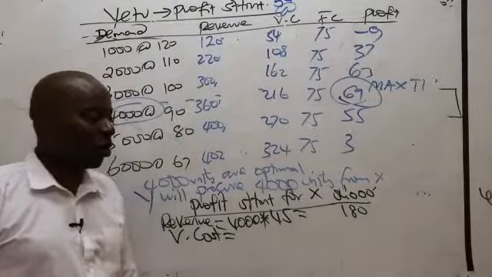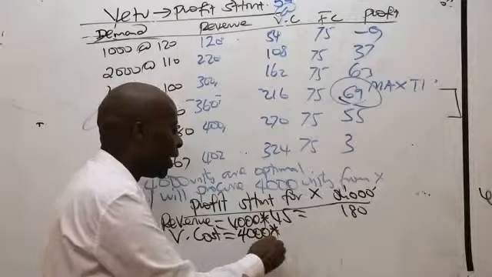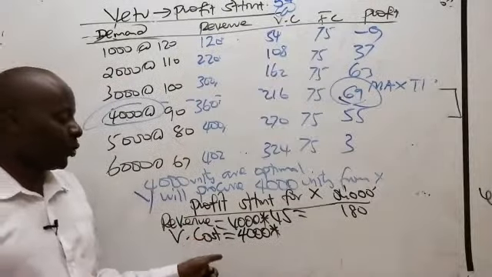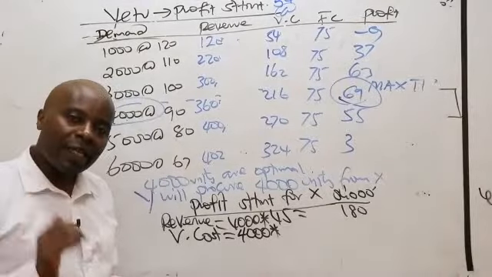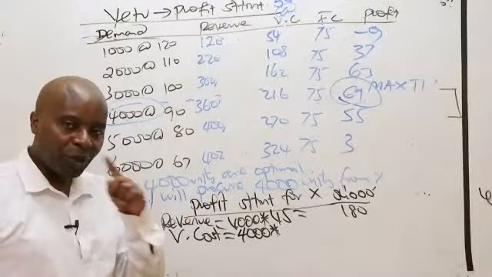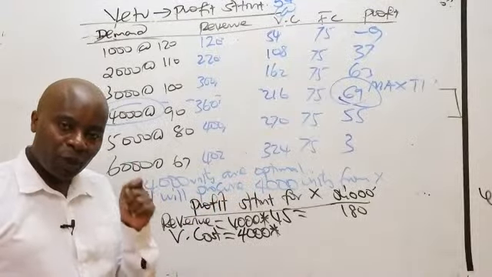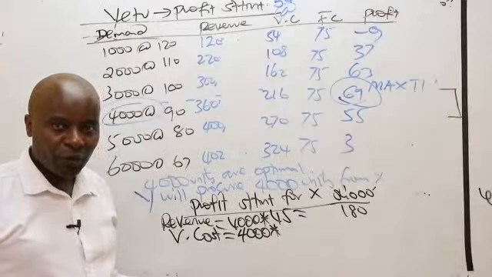VC is variable cost. Variable cost is normally pegged on the units produced. Are you able to see where they're giving us the variable cost of X per unit?